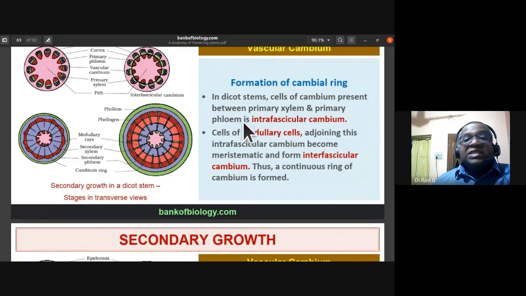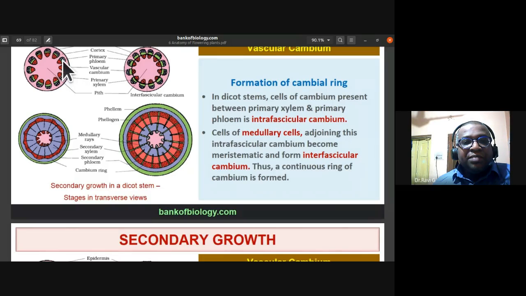The cells of the medullary rays adjoining, that is, in between the vascular bundles, are going to become meristematic. That is, permanent tissue becomes meristematic. We use the term de-differentiates to form meristematic tissue, and they are going to form interfascicular cambium.